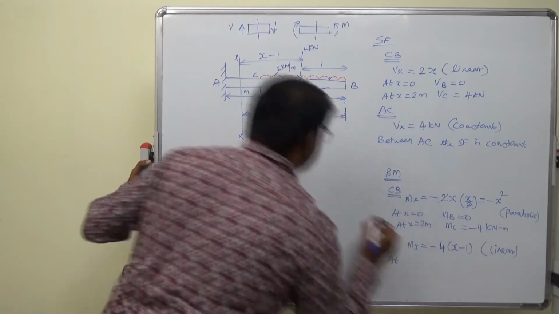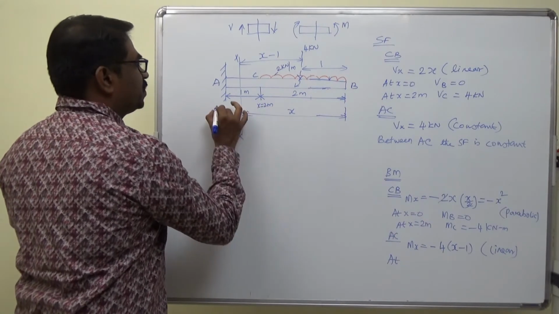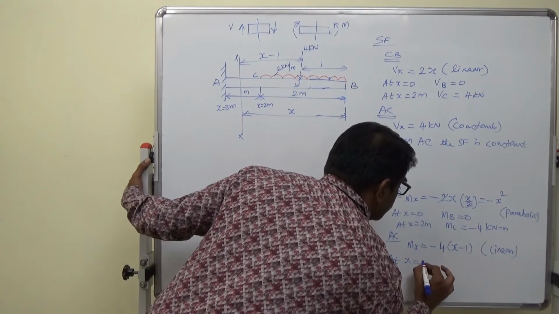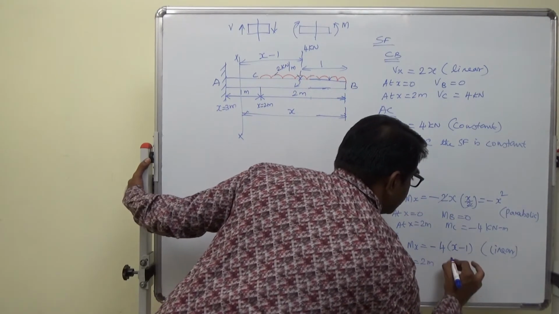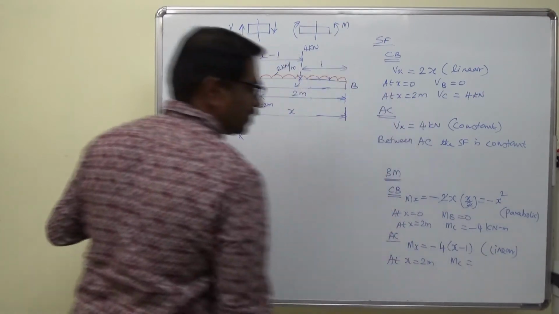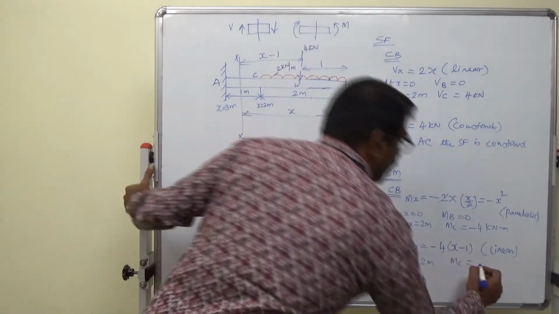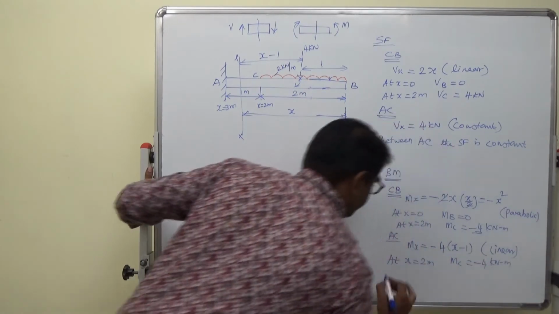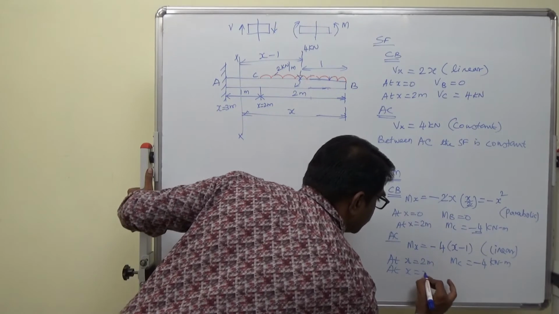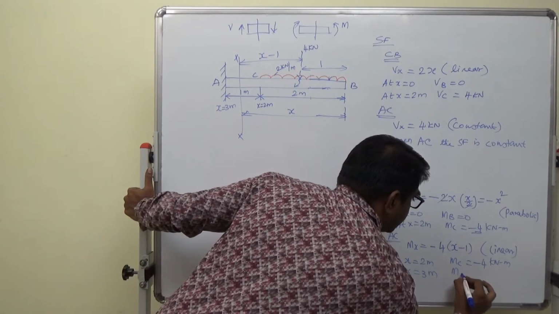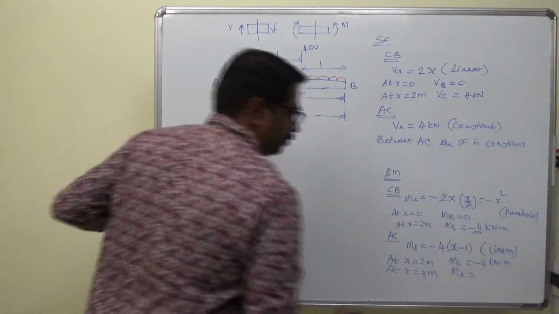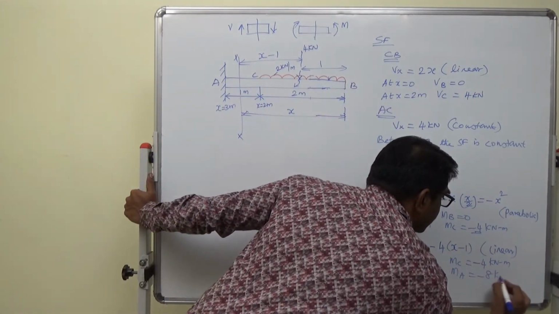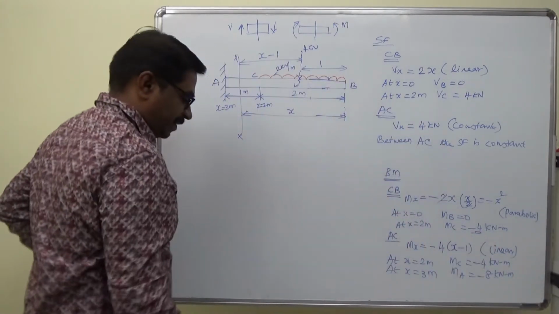What is the boundary condition? 2 meter to x equal to 3 meters. So at x equal to 2 meter, I am at C, so 2 minus 1, 1, so minus 4, it is already found, 4 kilonewton meter. At x equal to 3 meter, I am at A, so 3 minus 1, 2, minus 8 kilonewton meter.